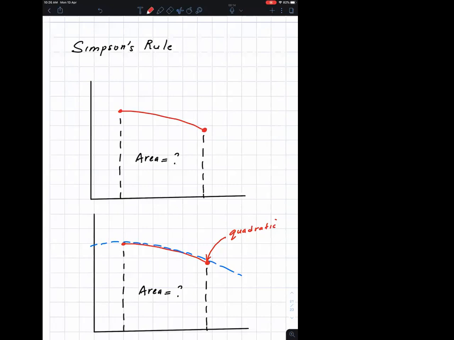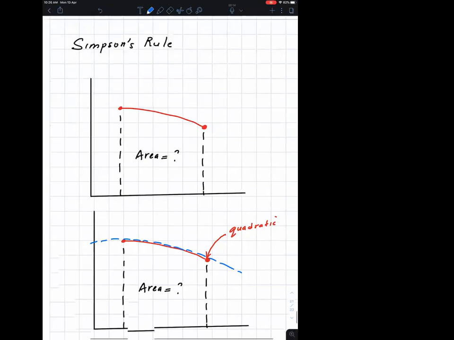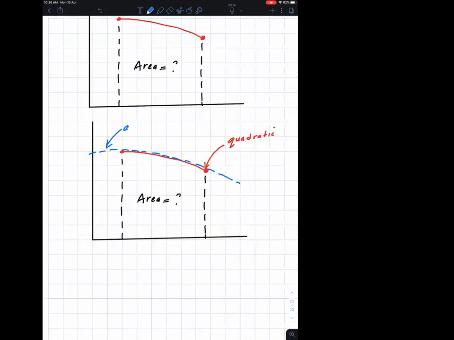This is the original curve. And then we are trying to find the area under this curve. Let's assume that this curve is complicated or difficult to find the equation for, or for some reason it's difficult to integrate this equation.